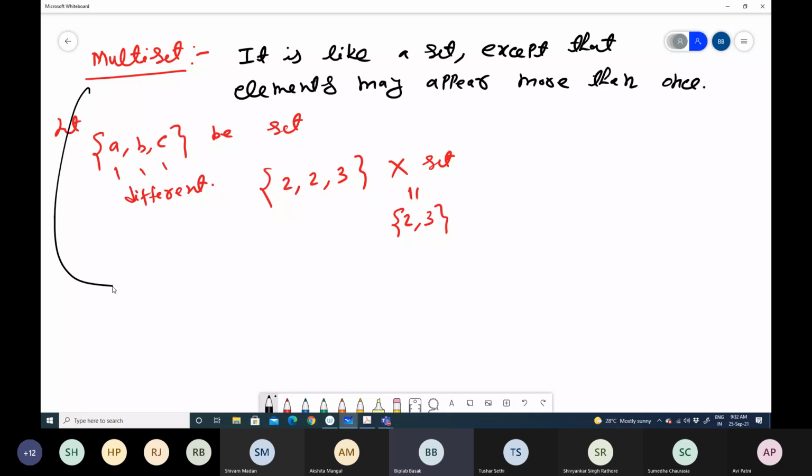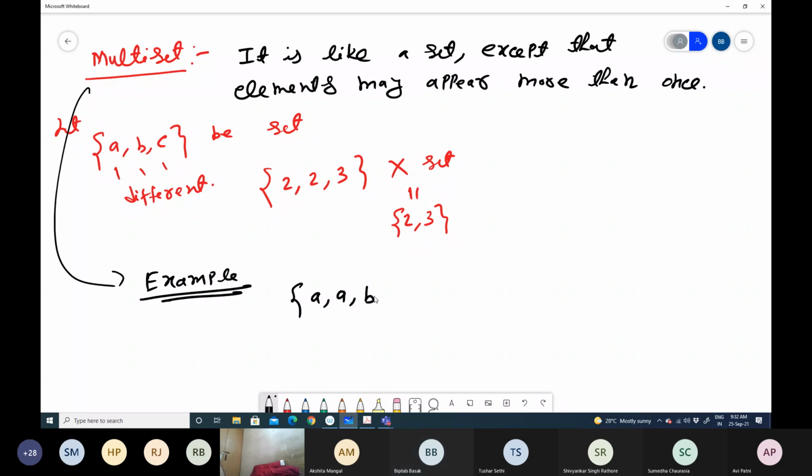For example, if I write A, A, B, B, B, and C, this is a multi-set, where we allow repetition of elements.